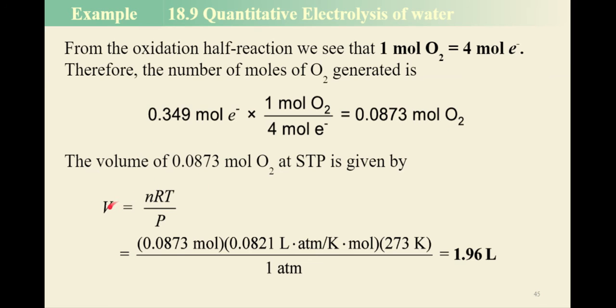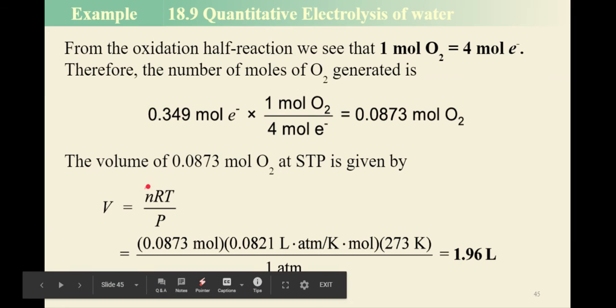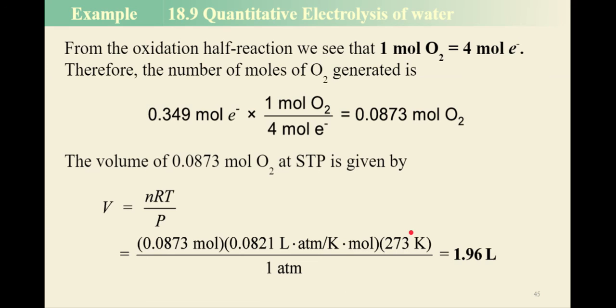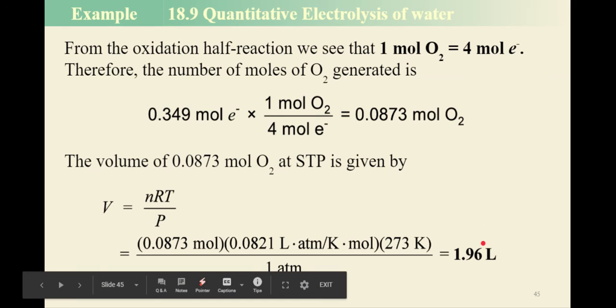To get our volume, if it's normally PV equals nRT, we have nRT over P. So we have the number of moles, the gas constant, the temperature. Standard temperature is 0 Celsius, so that's 273 Kelvin, 1 atmosphere, and so that means we have just under 2 liters worth of gas.